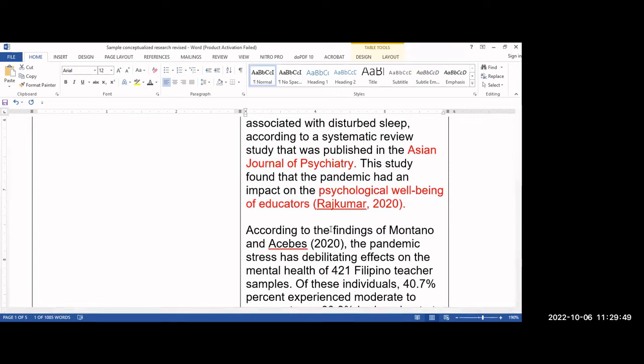So meaning, meron ng systematic review kasi ito. So there are a lot of countries involved in this Asian journal kasi when you talk about systematic review, it involves a lot of studies in a particular locality.